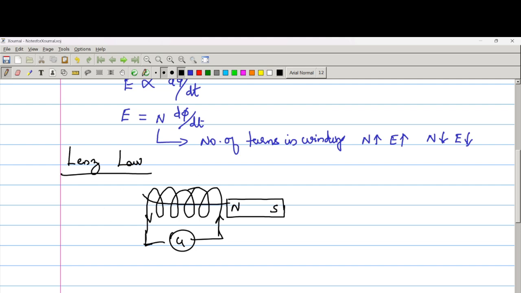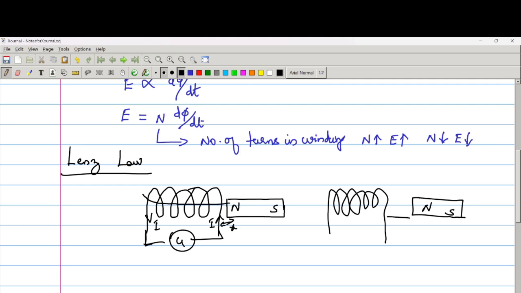At the same time, when I am moving the magnet away from the winding, for example, this is the winding and I am moving away from it. This is the north pole and south pole. Here the distance is very less, here the distance is more.